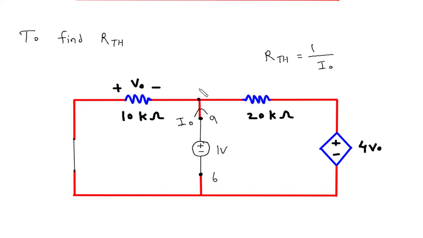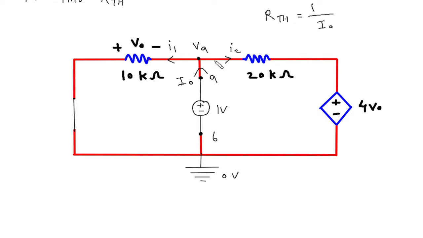Now let's assume this is node VO or VA. This is ground node with 0 voltage. Let's say this is current I1 and this is current I2.